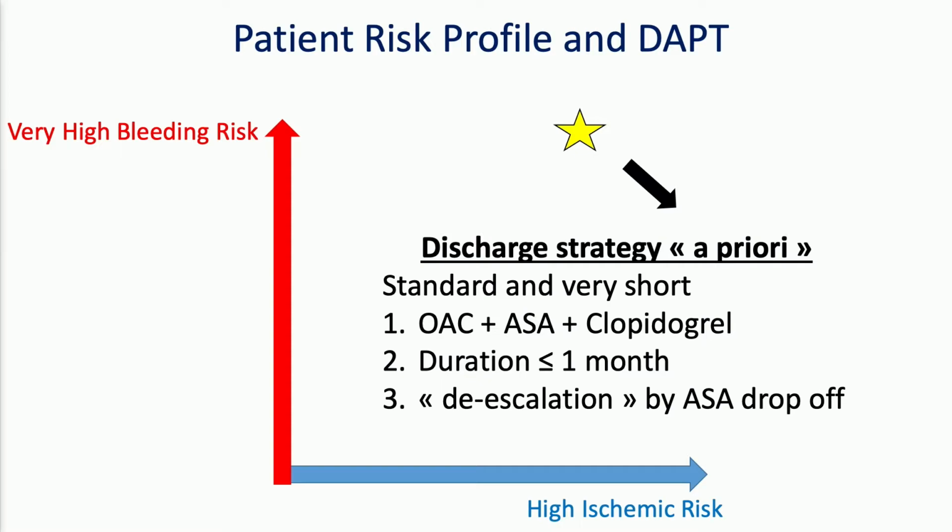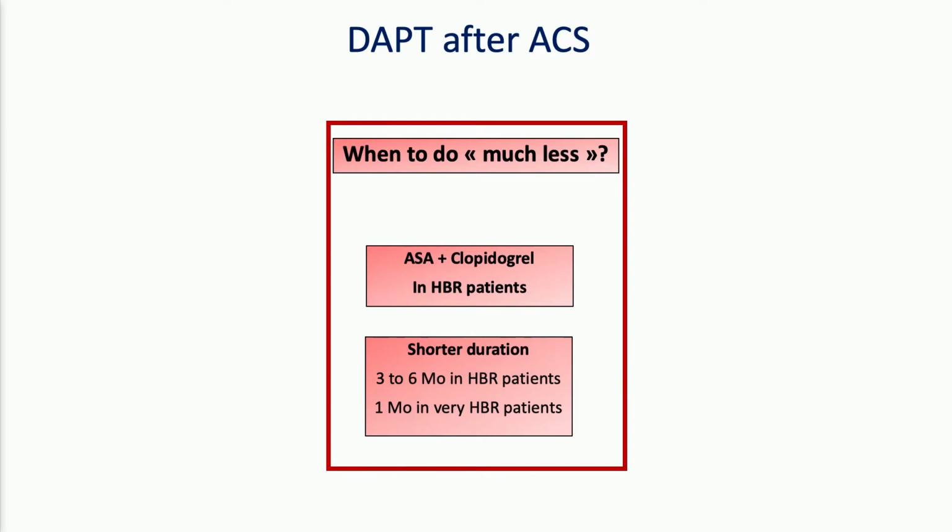And accordingly, this patient had a different discharge DAPT strategy, with anticoagulation, aspirin, and clopidogrel for less than 1 month, and then de-escalation by stopping the aspirin. So it's a kind of patient in which in ACS we will give less, with aspirin and clopidogrel.